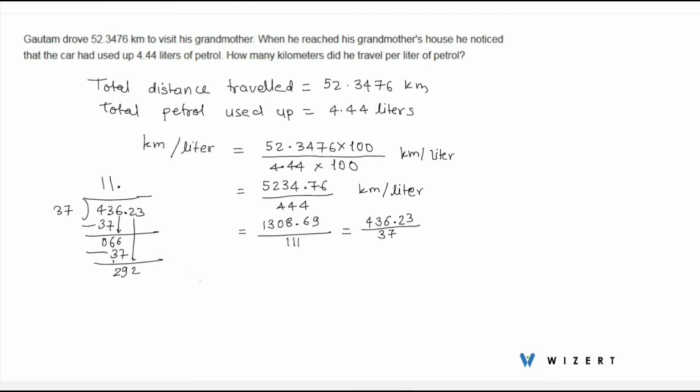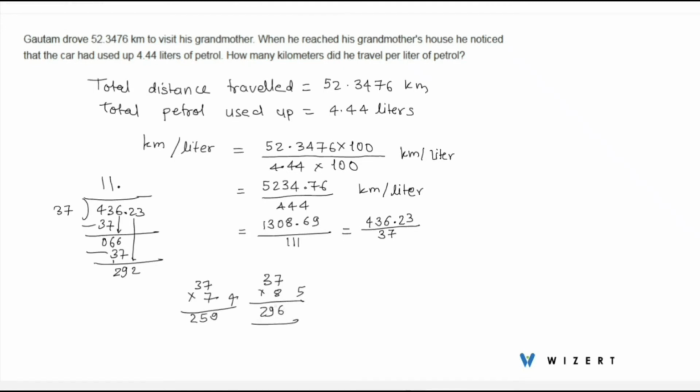So let's try 37 multiplied by 7. 7 sevens are 49, 7 threes are 21 plus 4 is 25, 259. And let's try 37 multiplied by 8. 8 sevens are 56, 8 threes are 24 plus 5 is 29.